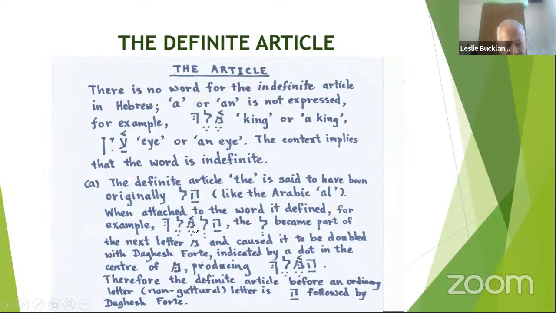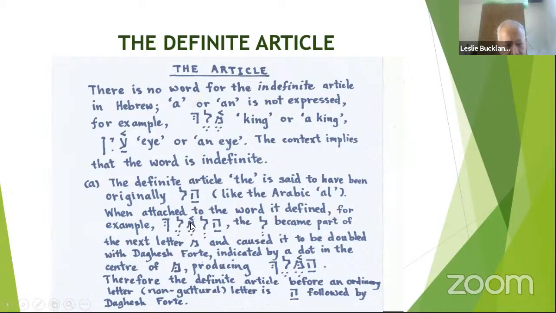but you know that it has become part of mem because this first consonant of the noun melech, meaning king, has to receive what is called a dagesh forte compensative. That is a dot in the middle of mem to indicate that lameth has disappeared, has become a part of mem, and therefore this consonant mem has to be doubled or repeated.